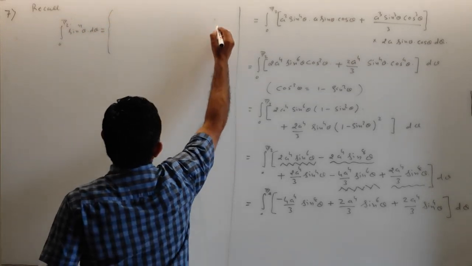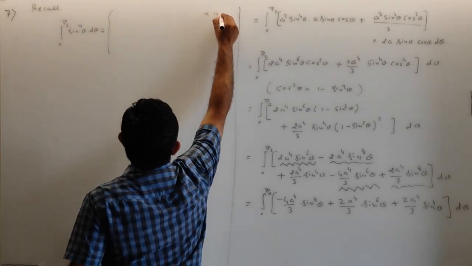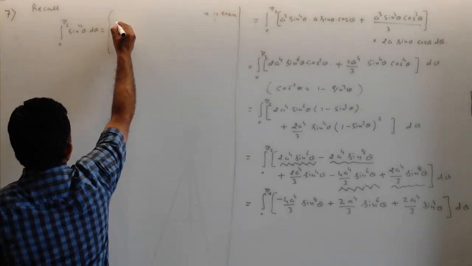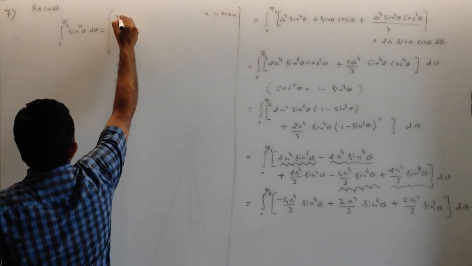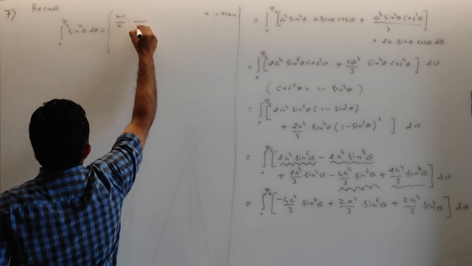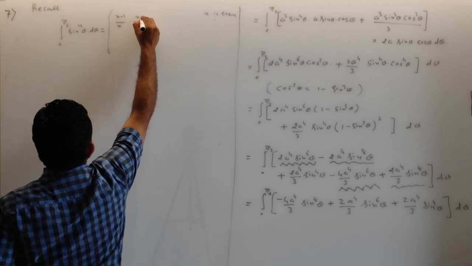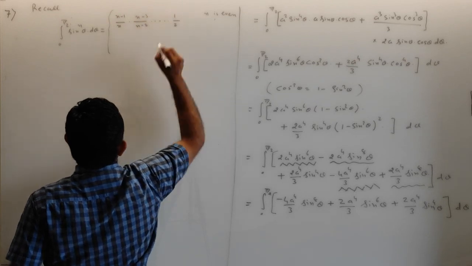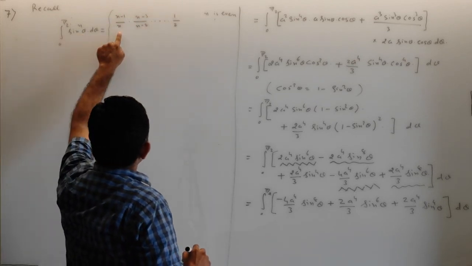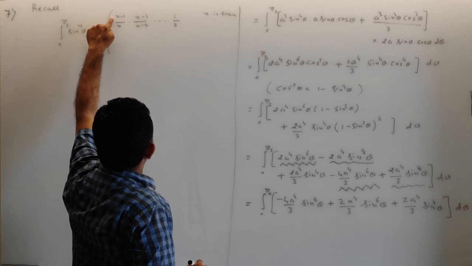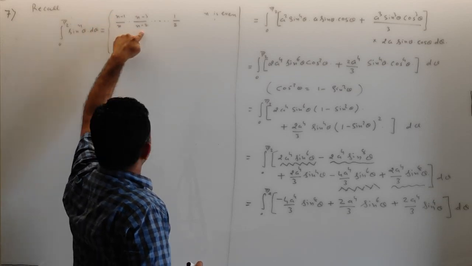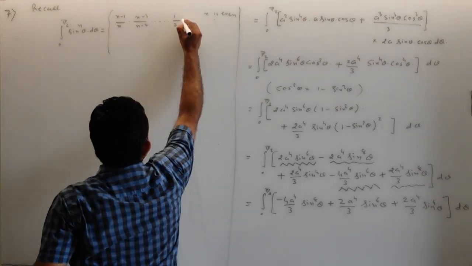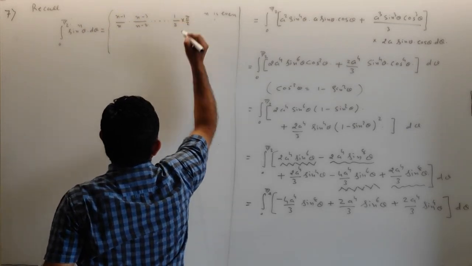See, if n is even, then it is n minus 1 into n minus 2, n minus 3 and so on to 1. So whenever n is even, you start with n, then reduce 1, then again reduce 1 in denominator, reduce 1 in the numerator and so on. You end with 1 by 2 into pi by 2.